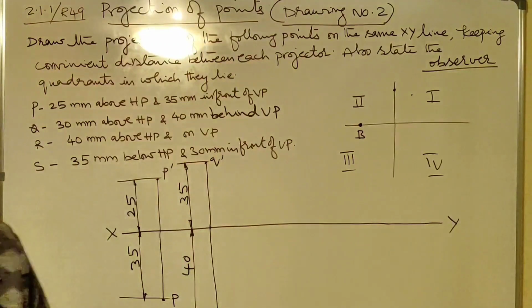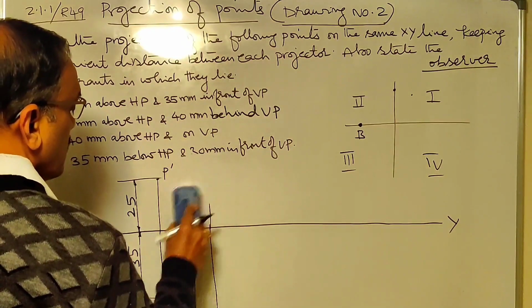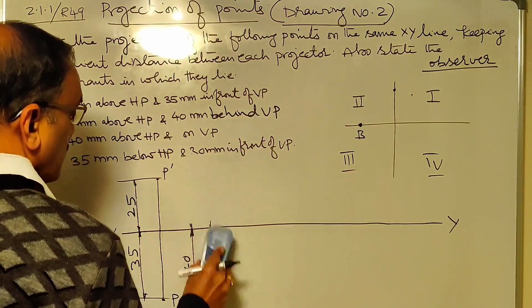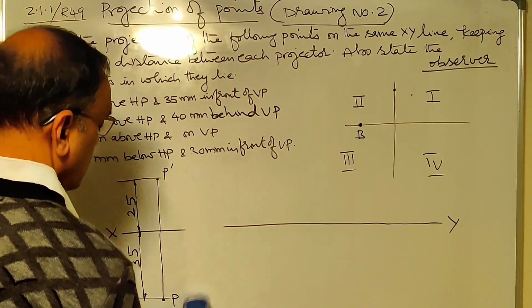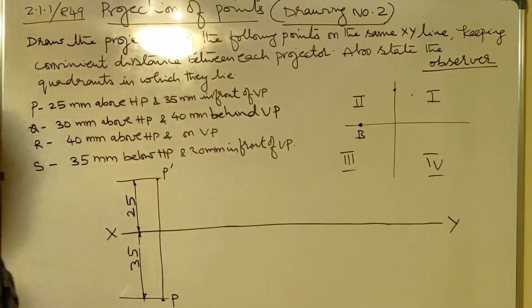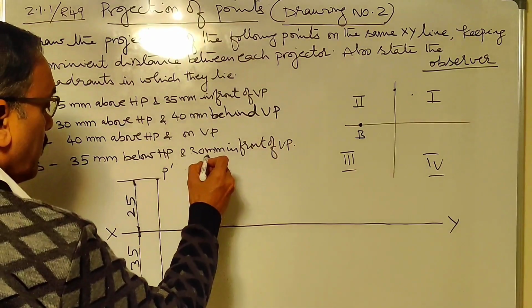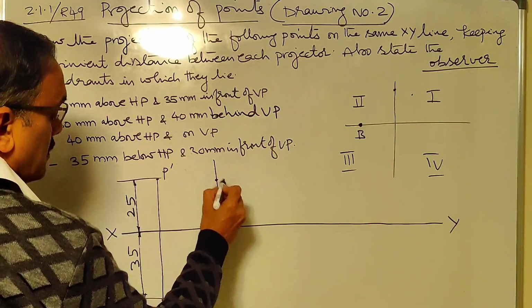So let me change the projectors now. Point Q is 30 mm above HP and 40 mm behind VP. So it should be like this.